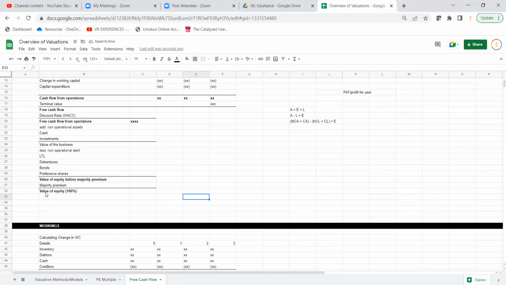So once again, if you want the value per ordinary share, you say divided by number of shares to get the value of equity per share. If you want 70%, 80%, you take that, multiply by 80%.